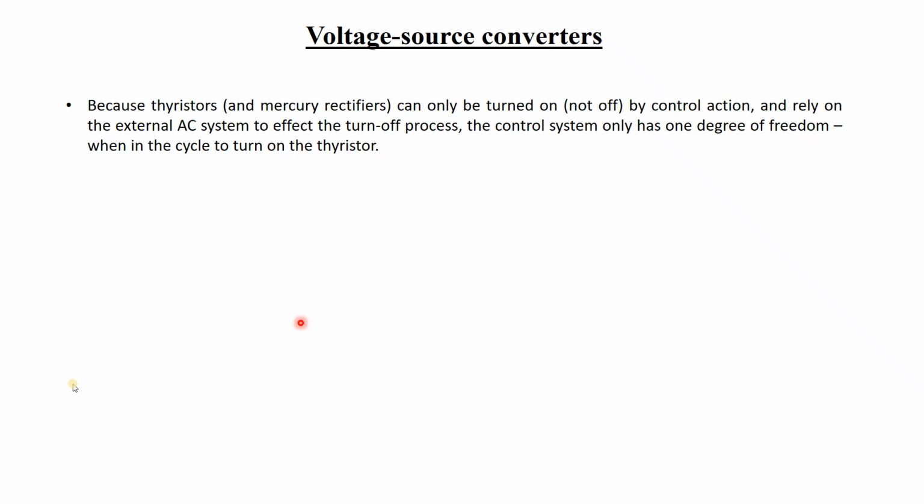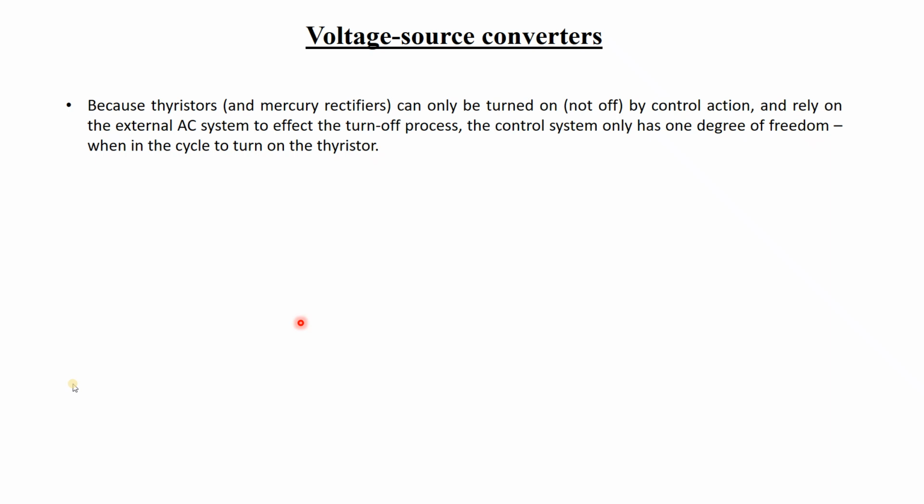Because thyristors and mercury rectifiers can only be turned on and not off. This is the main drawback of thyristors, that they cannot be turned off by control action and rely on the external AC system to effect the turn off process. So you cannot control the turn off of a thyristor, it has to be turned off by turning off the AC system.